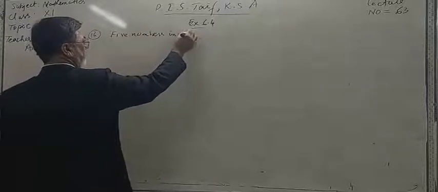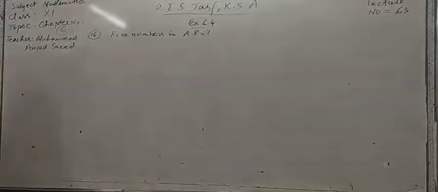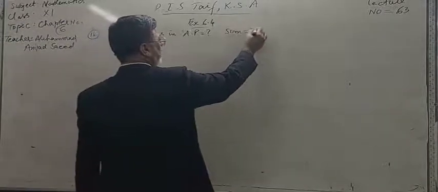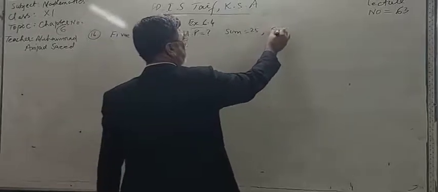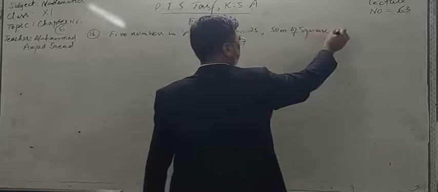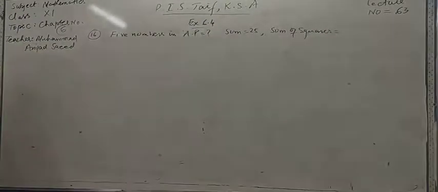in AP. We have to find 5 numbers in AP whose sum is 25 and sum of squares is 135.